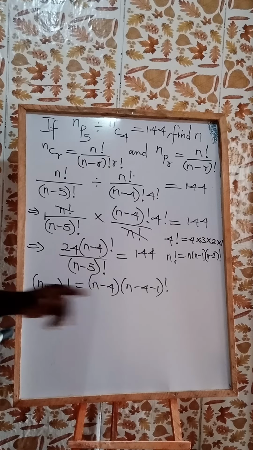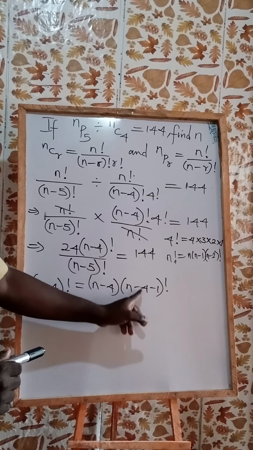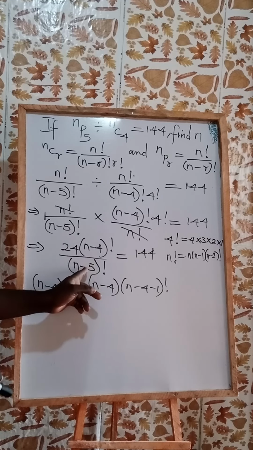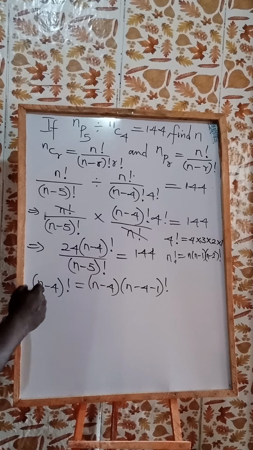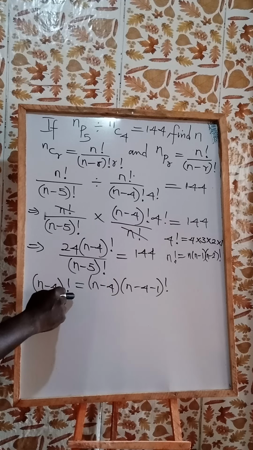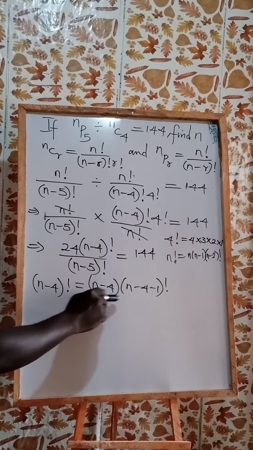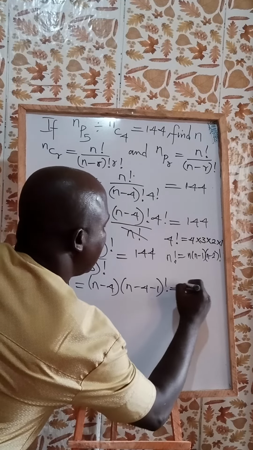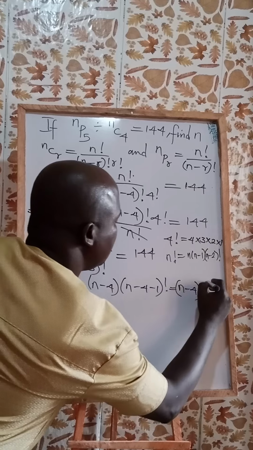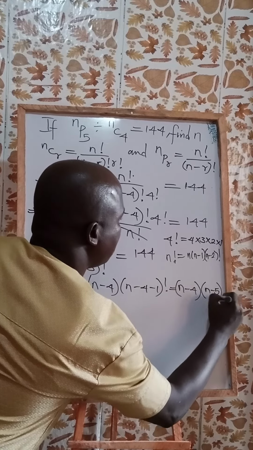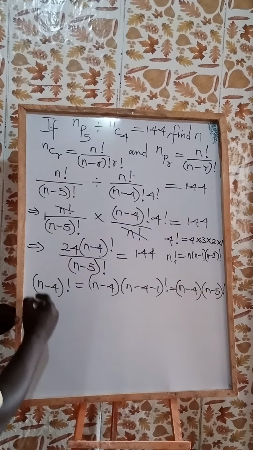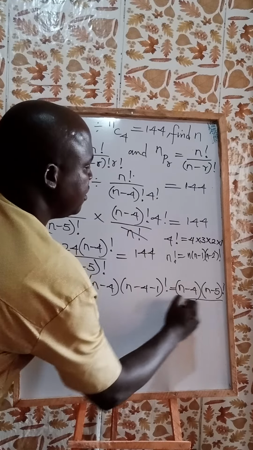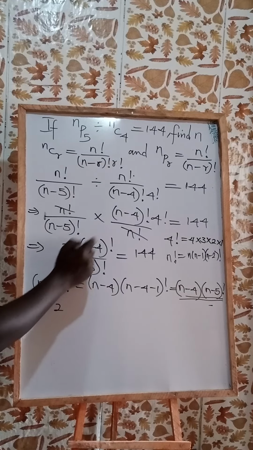Minus 4 minus 1 will surely give me minus 5. That means if I simplify (n minus 4) factorial, I am going to get (n minus 4) into (n minus 5) factorial. I am going to substitute this for my (n minus 4) factorial.